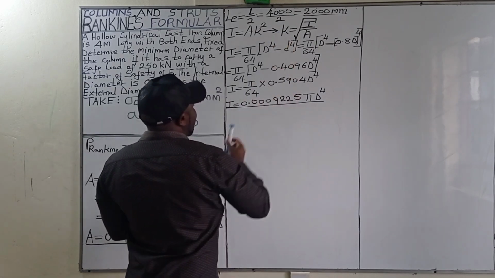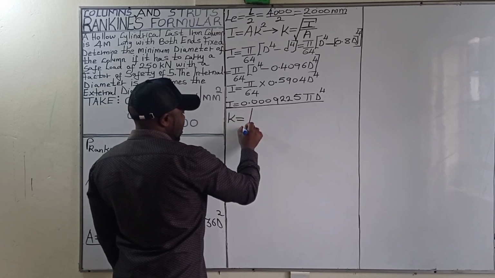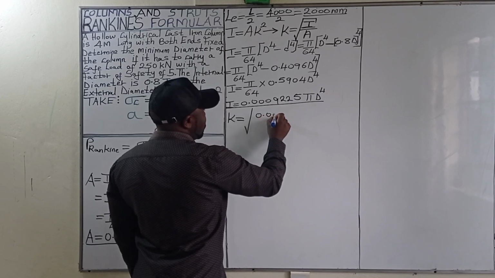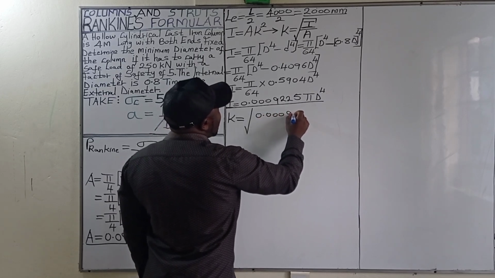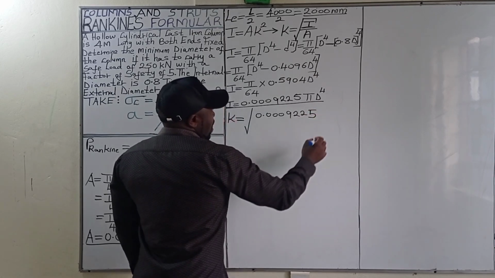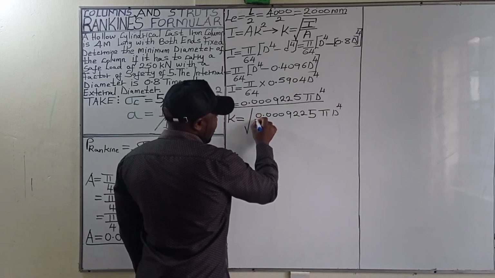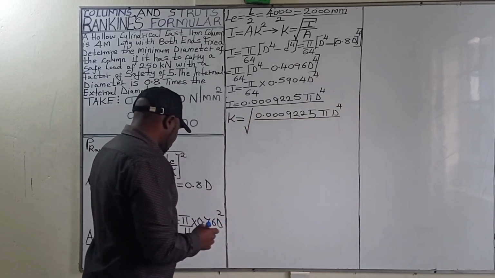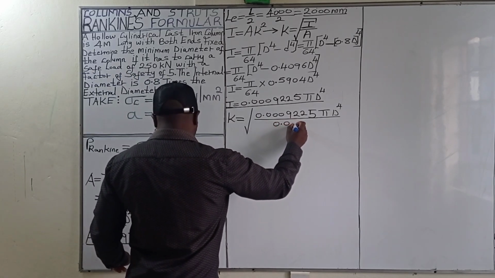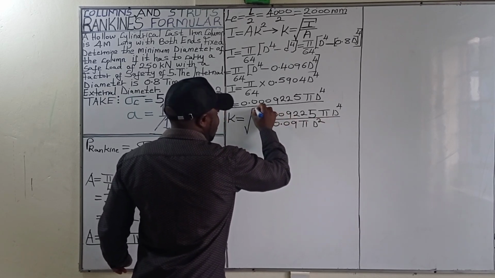So the least radius of gyration, that is k, will now be given by the square root of 0.0009225 pi D raised to 4, divided by the cross-sectional area, which is 0.09 pi D squared.